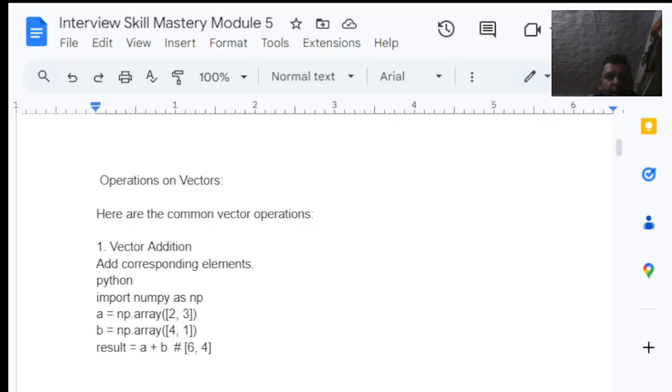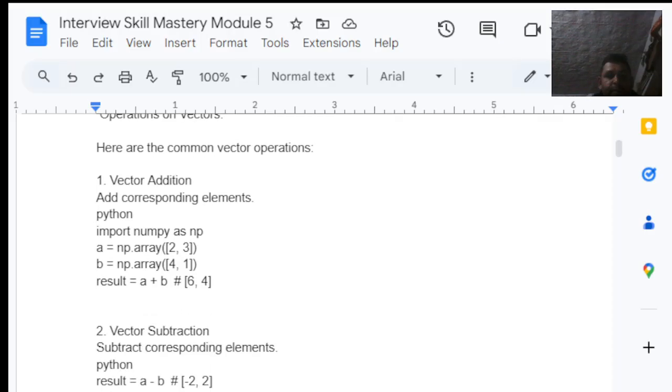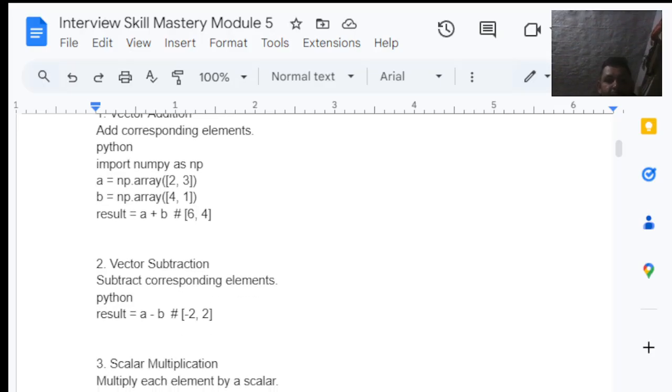And after that, scalar multiplication. Multiply each element by the scalar. In Python, scalar 3, result is scalar asterisk a equals to 6 comma 9.